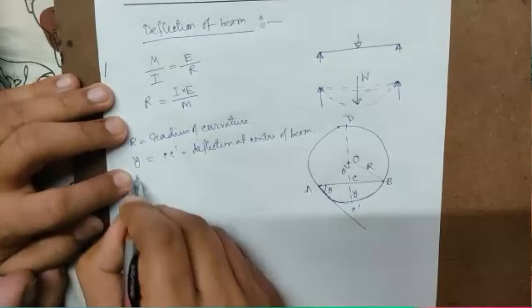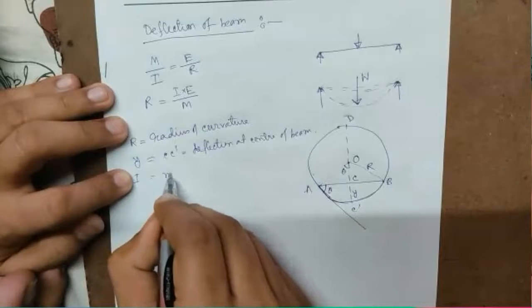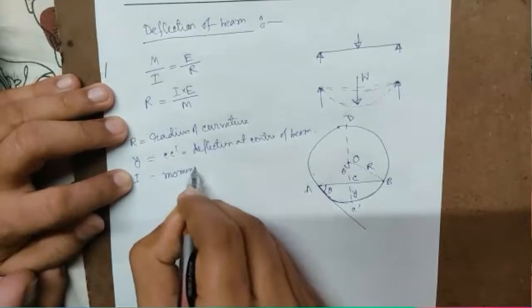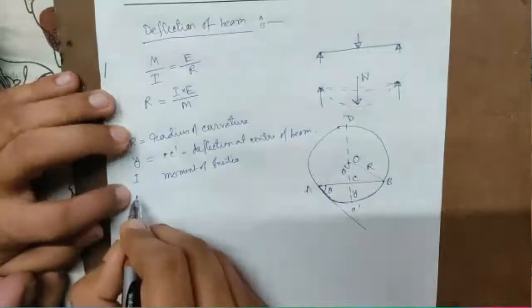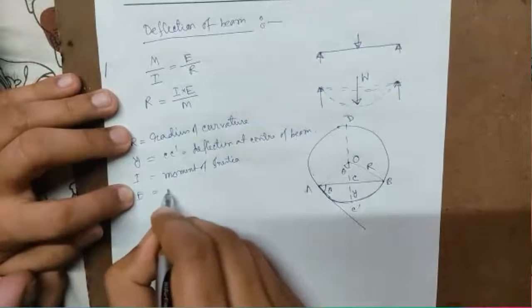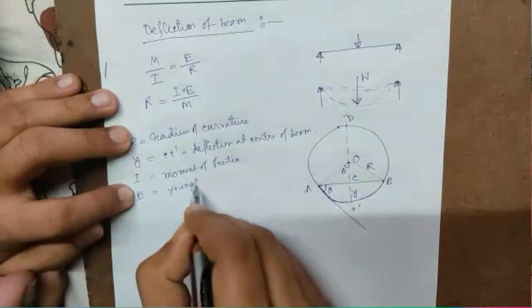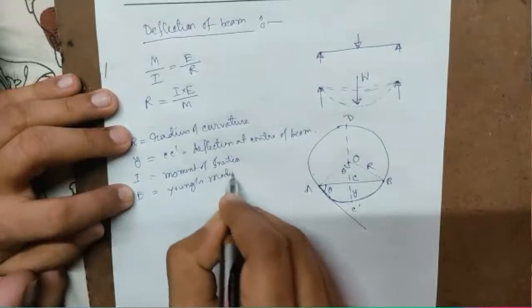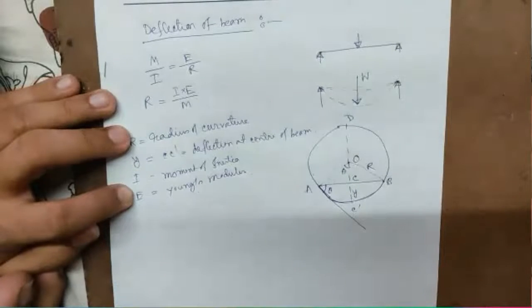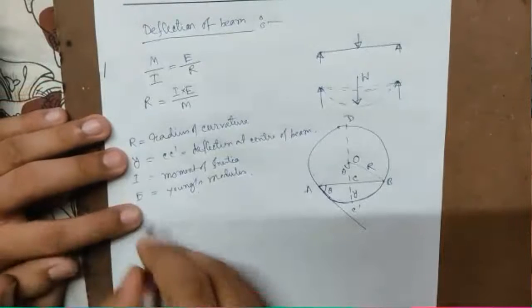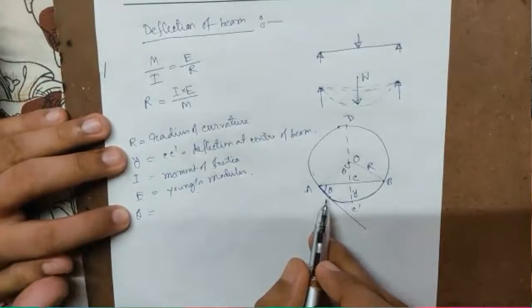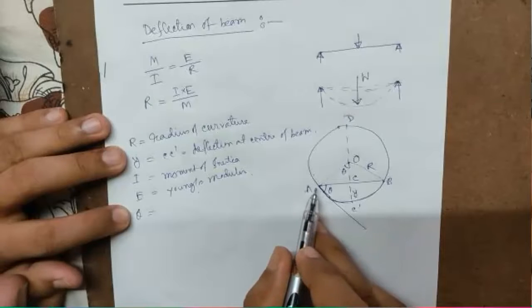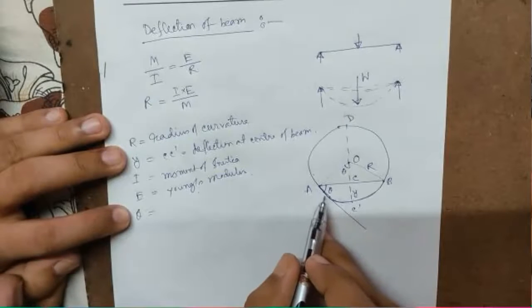Now I is of course the moment of inertia of the beam. E is Young's modulus. Theta is the angle made by the tangent at A with the beam.